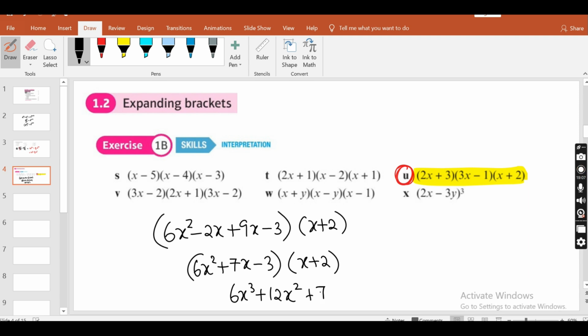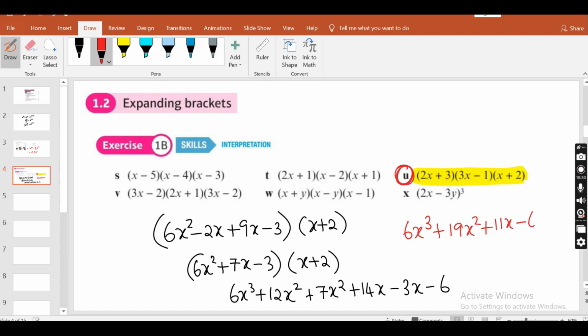Take 7x, multiply both, 7x squared plus 14x. Take negative 3, multiply both, negative 3x, negative 6x. Have you got this? Yes, sir. So you will get 6x cubed plus 19x square, 14 minus 3 is 11x minus 6.